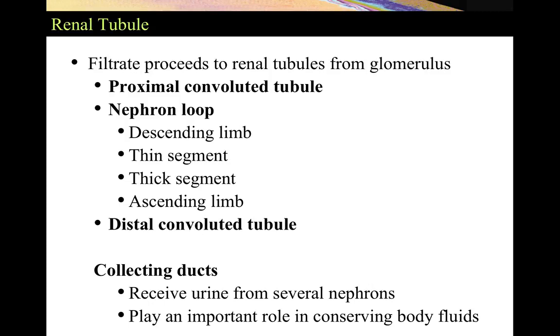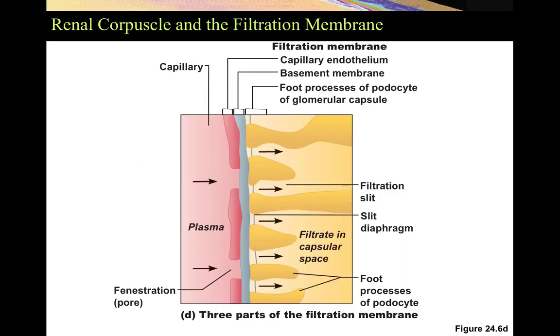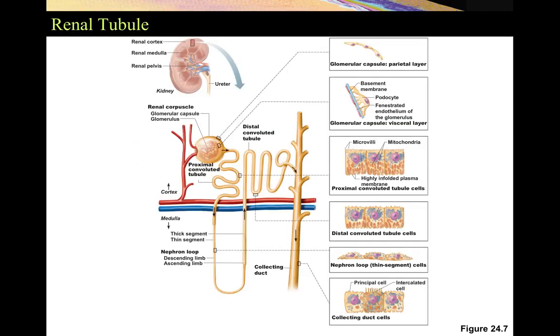Whatever urine is being produced by these nephrons eventually empties into the collecting ducts and is eventually picked up by the minor calyces. Just a quick note, when you look at the picture that I showed you earlier, notice that in the collecting duct, you have these little tiny branches that are joining the collecting duct. Each of these branches comes from one of the nephrons.